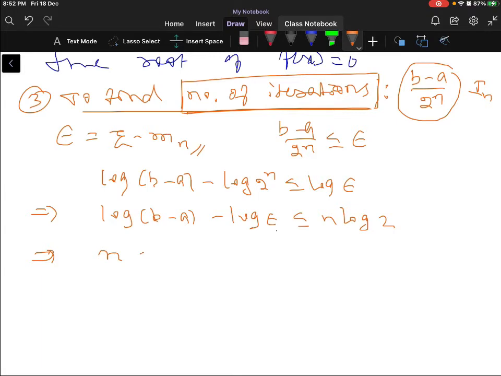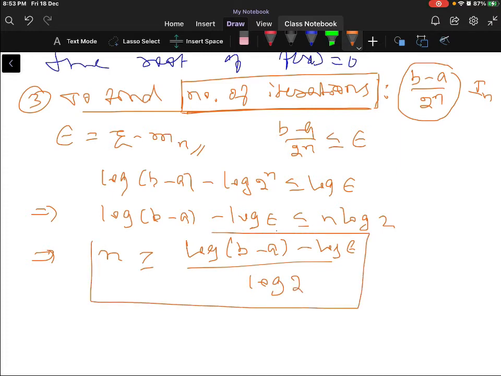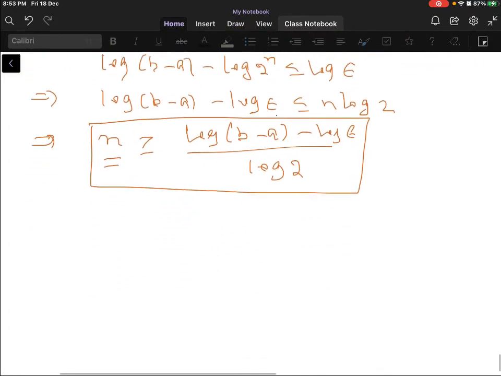So this implies n is greater than or equal to log of b minus a minus log epsilon by log 2. So in this relation you can find the number of iterations. If you know the interval a comma b where the root lies, that is, if you know a and b and the error, you can easily find the number of iterations.